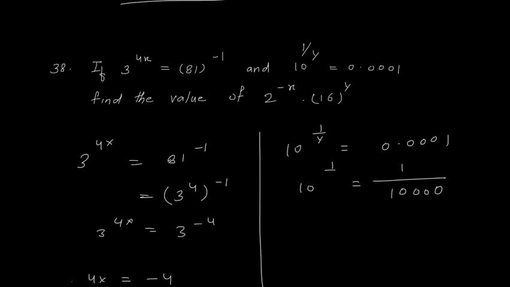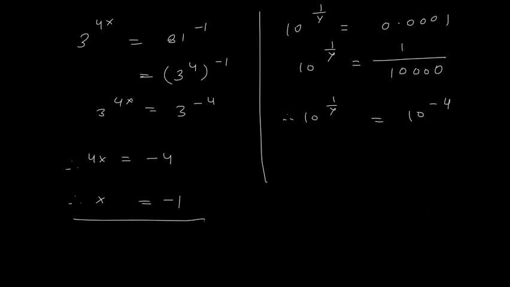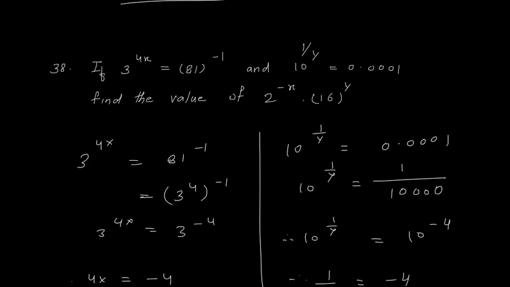This is 10 power 1 upon y, which I can write as 1 upon 10 power 4. When it goes up, it will become 10 power minus 4. So therefore the value of 1 upon y is minus 4. Therefore the value of y is minus 1 upon 4. You cross multiply and simplify, you will get the value of y.